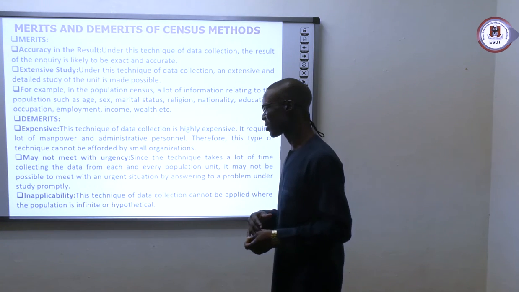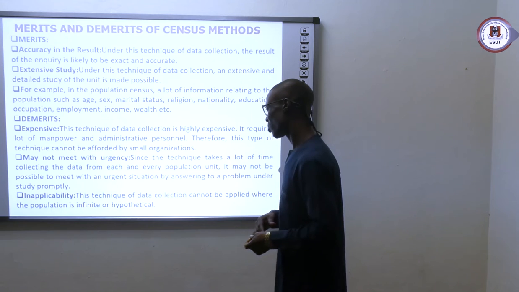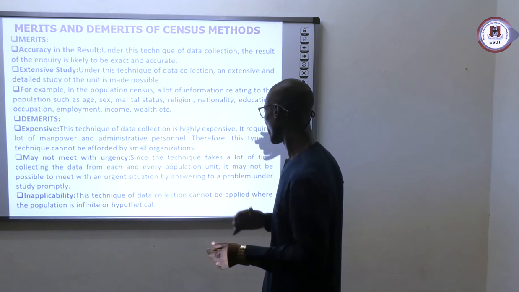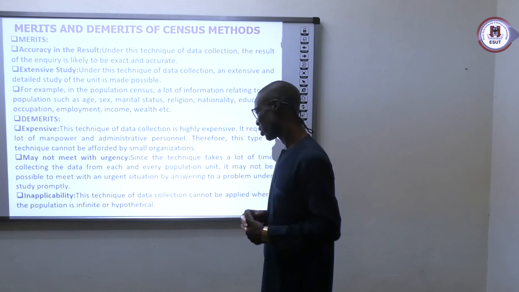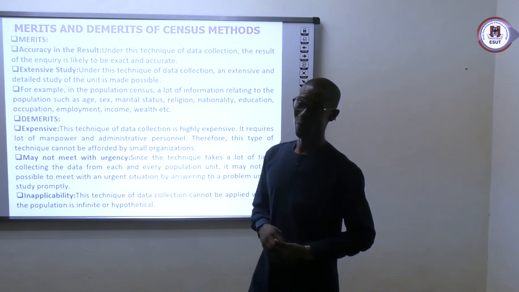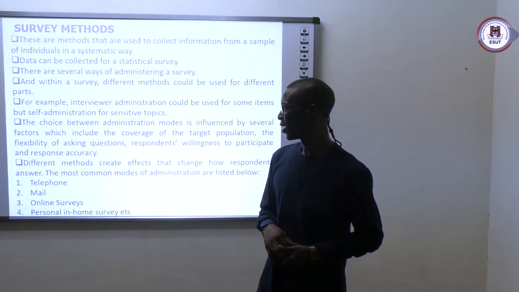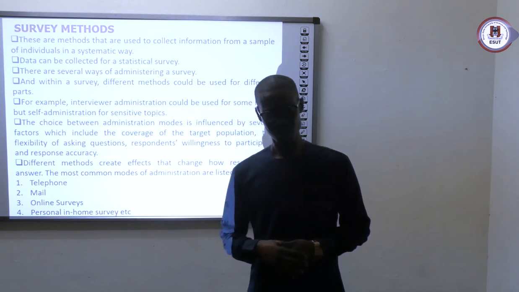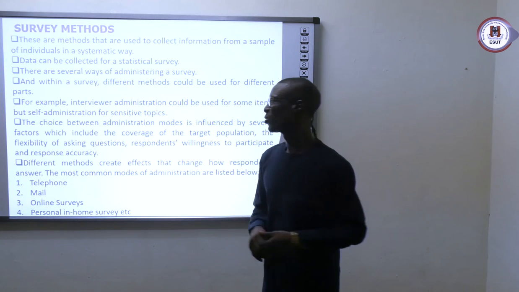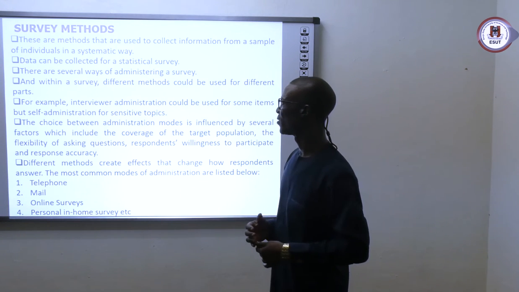Another one is inapplicability. The techniques of data collection cannot be applied where the population is infinite or hypothetical. So applying the census method of data collection is very difficult due to the sensitivity.